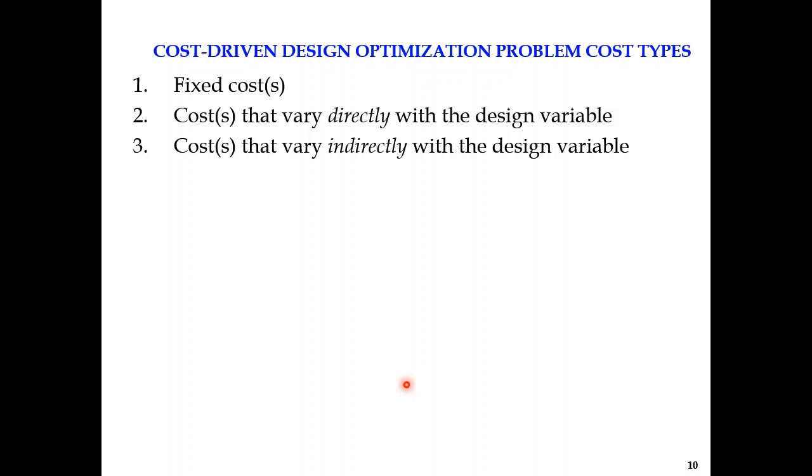So the first one here says that when you increase the value of the design variable, then the cost increases. But the second one says that as the value of the design variable is increased, then the cost is reduced. So we may have both of these cases.